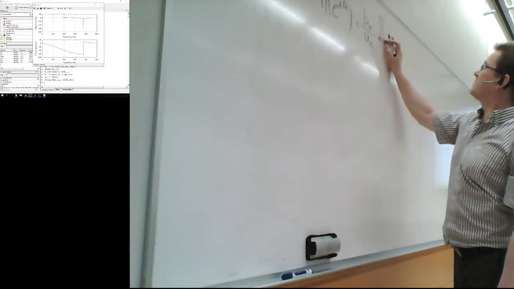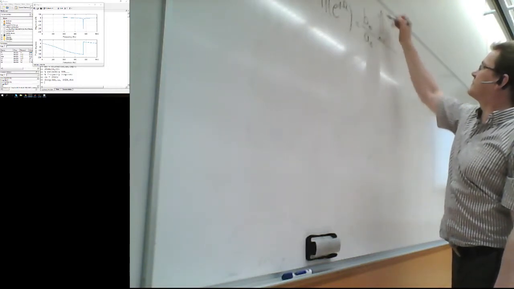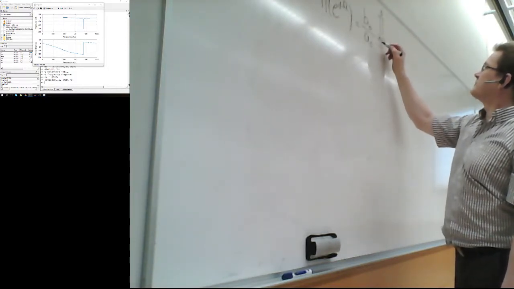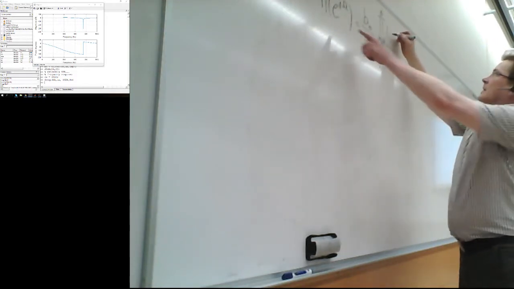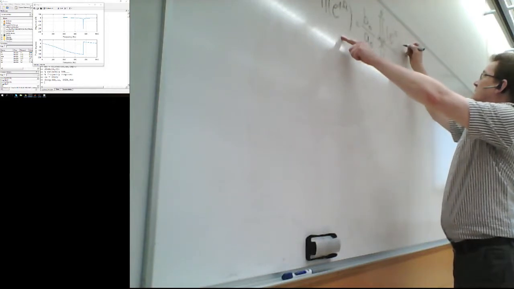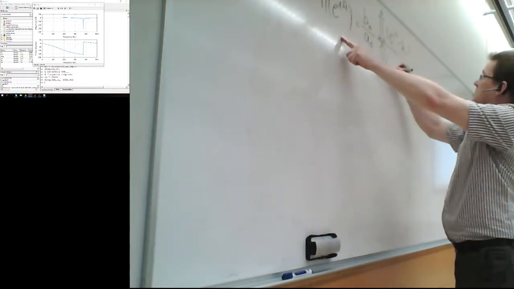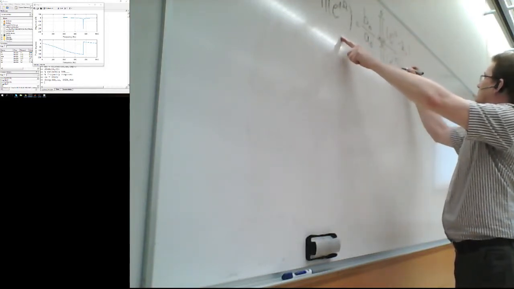Remember yesterday, the product form of the transfer function: product of e to j omega minus zk, and product of e to j omega minus pk.